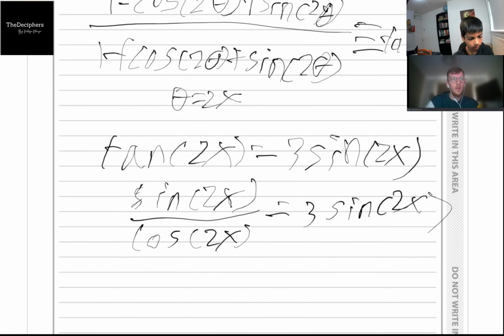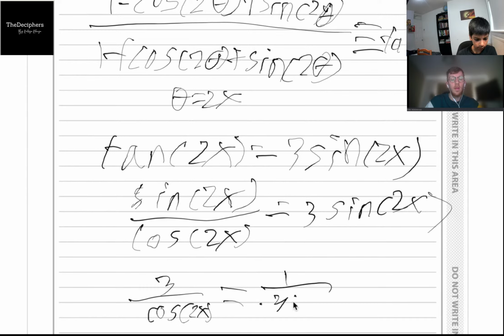So if we divide by sine of 2x, divided by 3, then we get... Would it not be 1 over 3 cos 2x? Yeah, 1 over, rather than 3 over cos 2x?